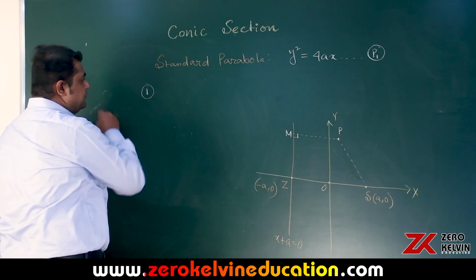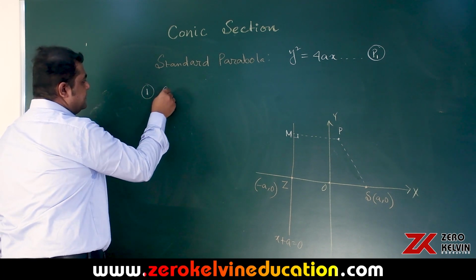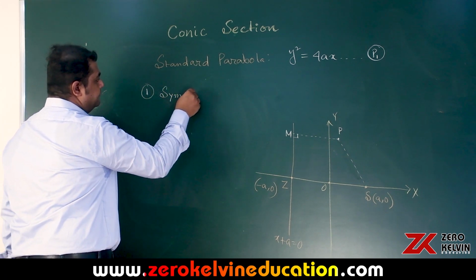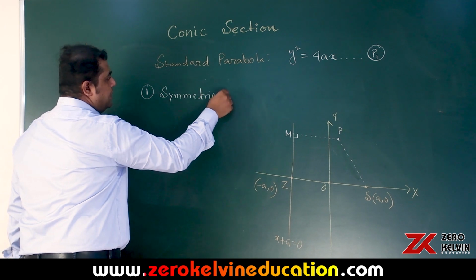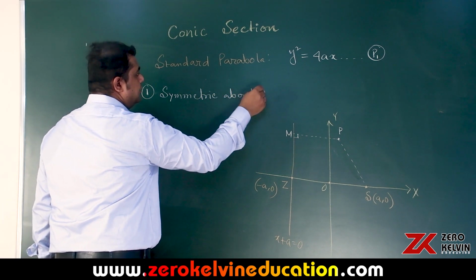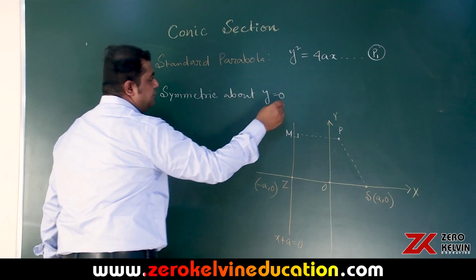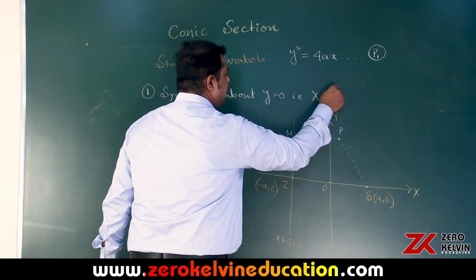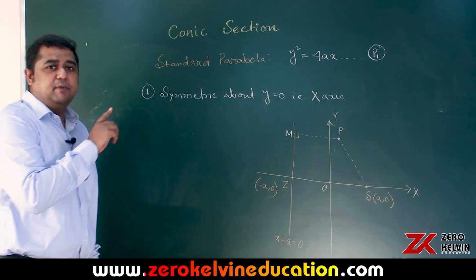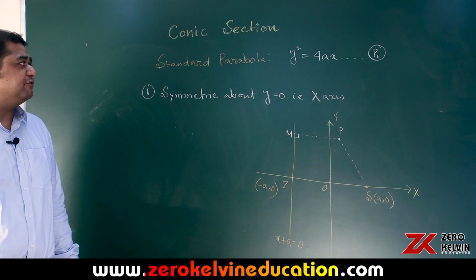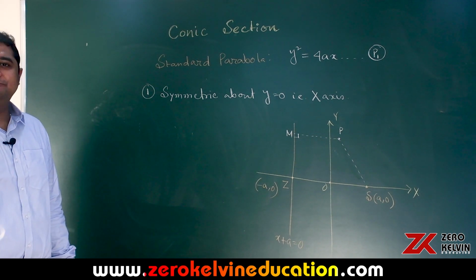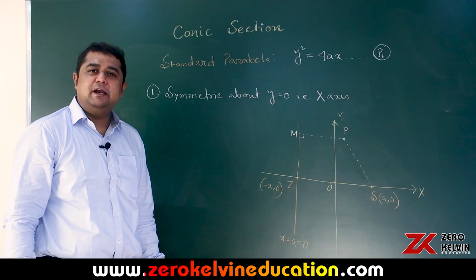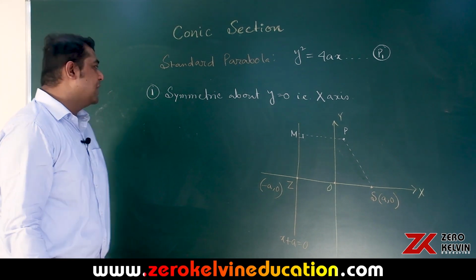So, the first conclusion we have got is symmetric about y equals to 0, that is x axis, and we have confirmed that by identifying in the equation replacement of y by minus of y does not bring any change.